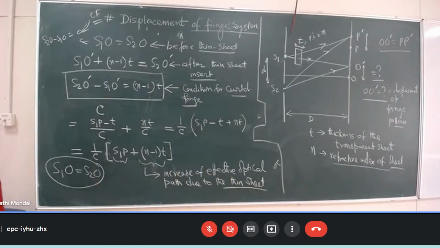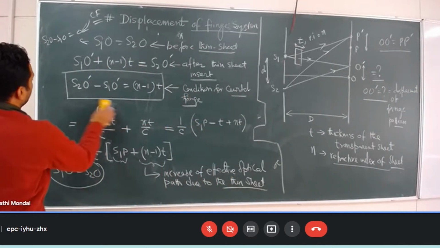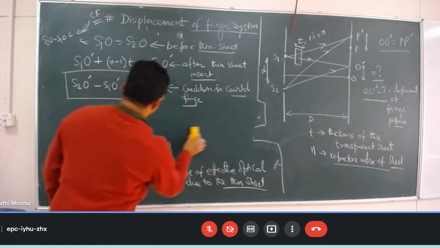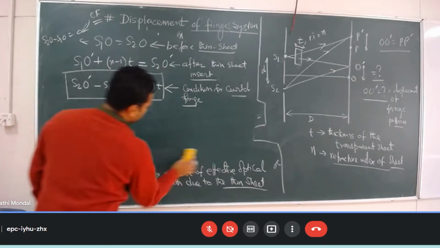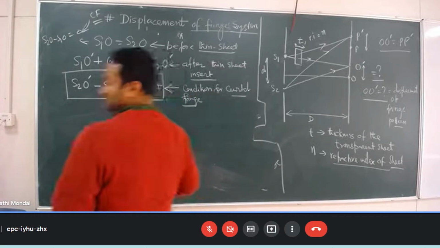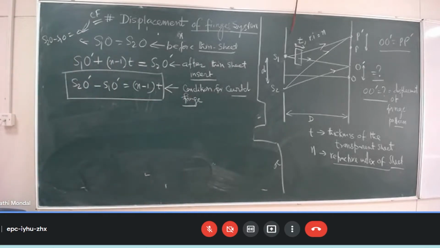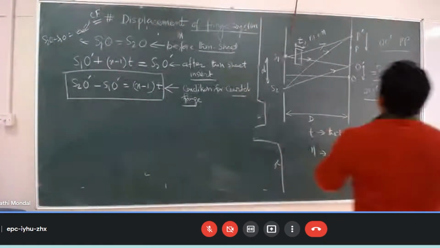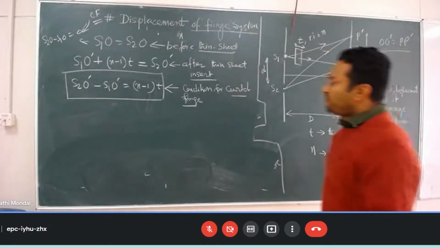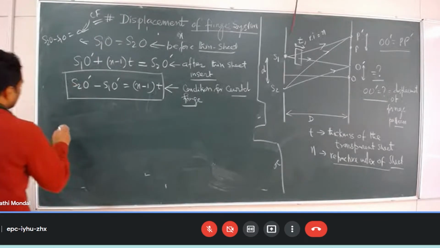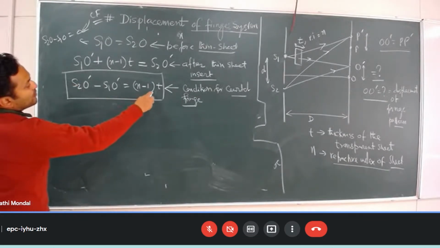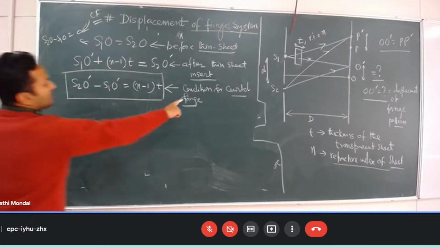Some time ago we proved what Yn equals. This is for some order, the zeroth order of the central fringe.